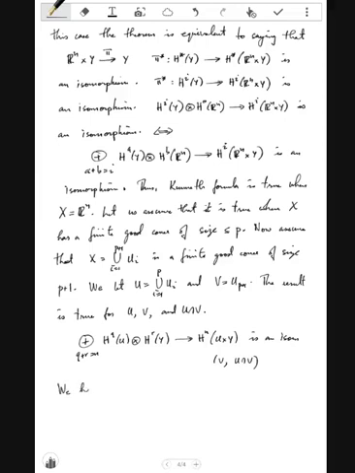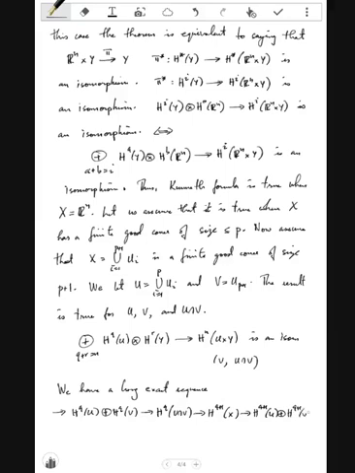So we have a long exact sequence, the Mayer-Vietoris sequence: H^q(X) to H^q(U) direct sum H^q(V) to H^q(U intersection V) to H^(q+1)(X) to H^(q+1)(U) direct sum H^(q+1)(V) and so on.